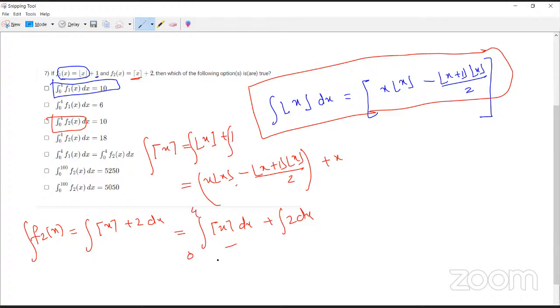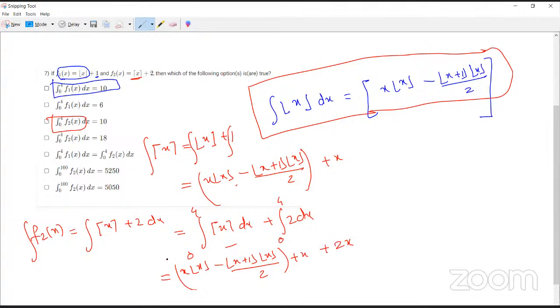So just put x equals 4 here. This is also 0 to 4, right? So the integration of this is x, lower value of x minus lower value of x plus 1, times lower value of x divided by 2, plus x, and plus integration of 2x.